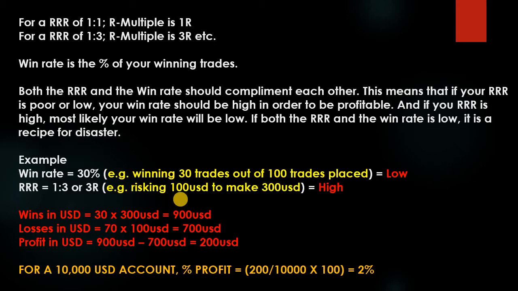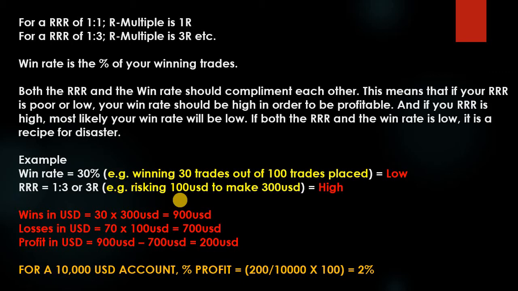So therefore, we can calculate the wins in USD to be equal to 30 times 300 USD to give us 900 USD, and the losses in USD will be 70 times 100 USD to give us 700 USD. So the profit in USD will be equal to 900 USD minus 700 USD, and that will give us 200 USD.